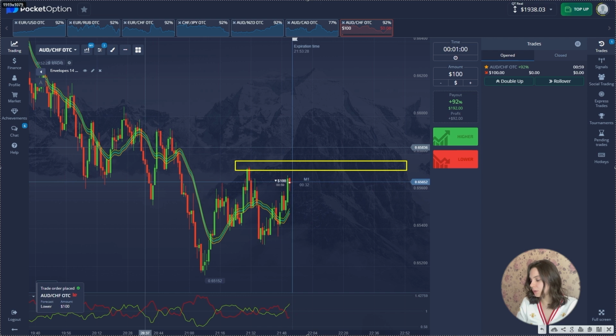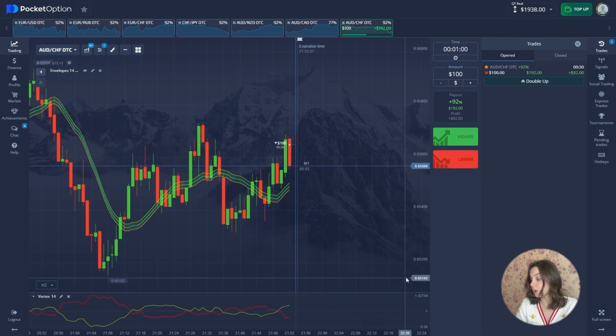And without reaching it, there is a small reversal, so we have opened for this reversal. Let's watch if we were right or not.